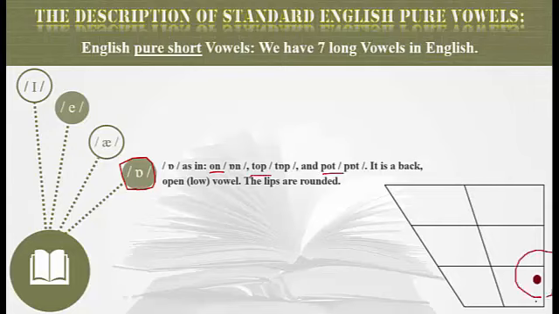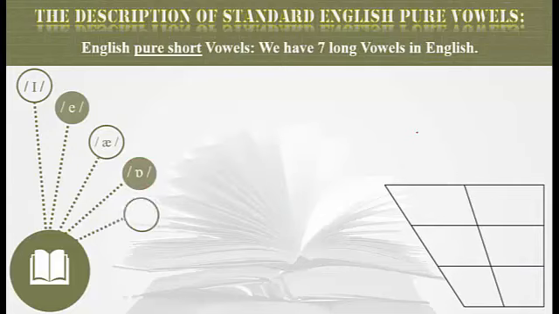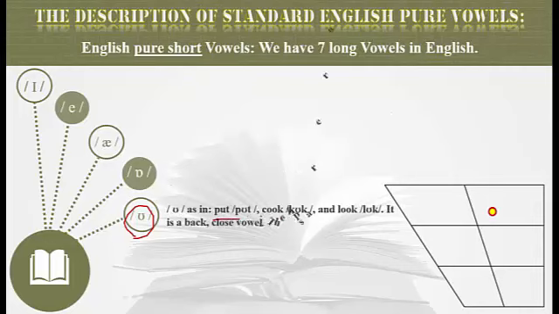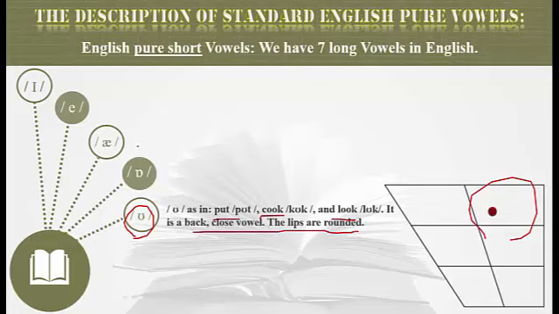Its position says that this vowel is a back open vowel. The lips are rounded in shape. Next is the U sound, as in put, cook and look. This vowel here is a back closed vowel. The lips are rounded.